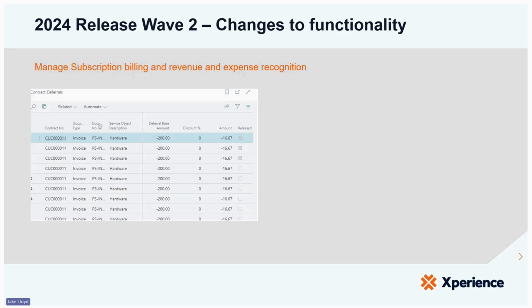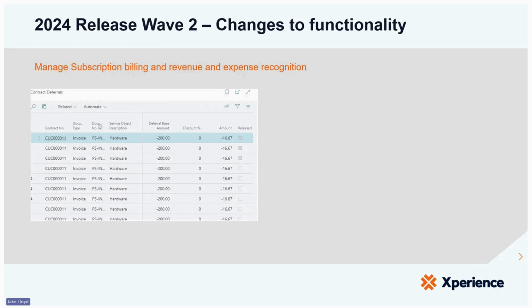The first screenshot we've got here is a contract or project deferral list. I won't go into the ins and outs of this functionality, but I will describe it with an example of how you may use this. Let's say you've got a project where a customer agrees to pay for something like a yearly subscription, say for cloud storage.